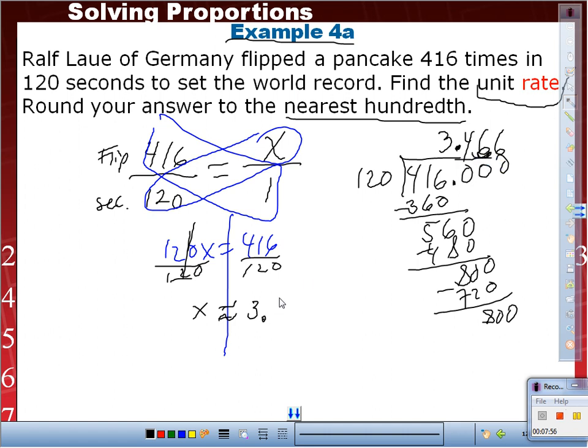So this is 3.47. Let's answer the question. Find the unit rate of what? Okay, so what would you write in a sentence? Ralph Lau, tell your name. What would you write? Ralph Lau what?